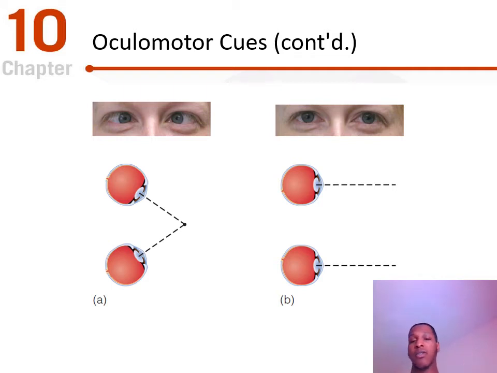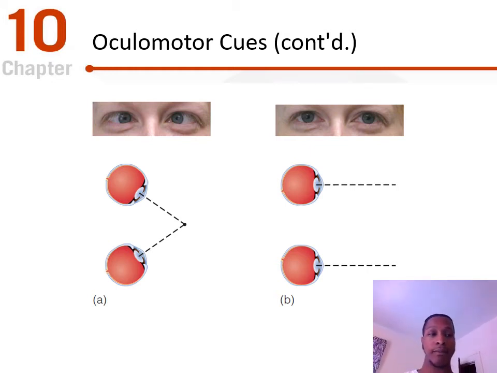In the second example, you can see that the person is looking straight forward, as if he's focusing on something, such as a tree in the distance that is farther from him. So he has to relax his eye muscles and tension to get a better perception of whatever he's looking at.